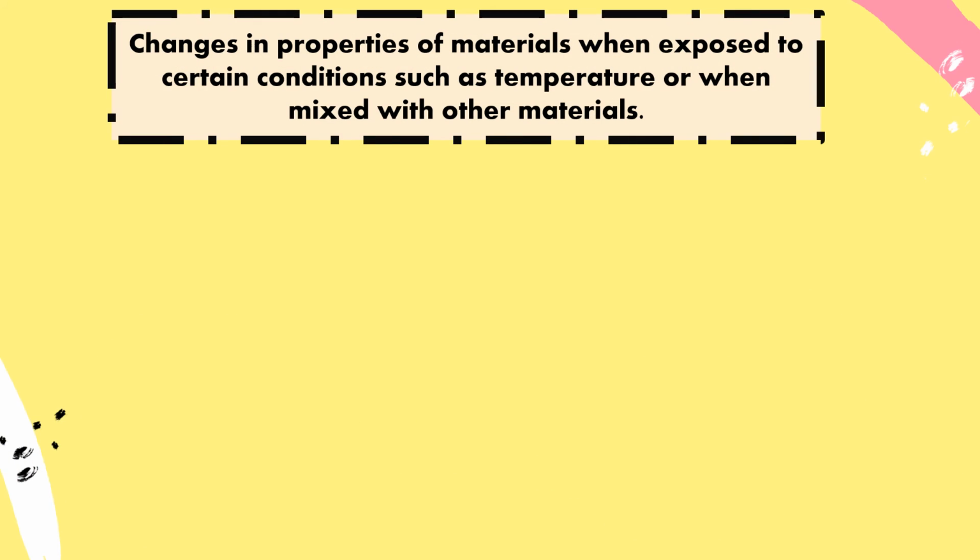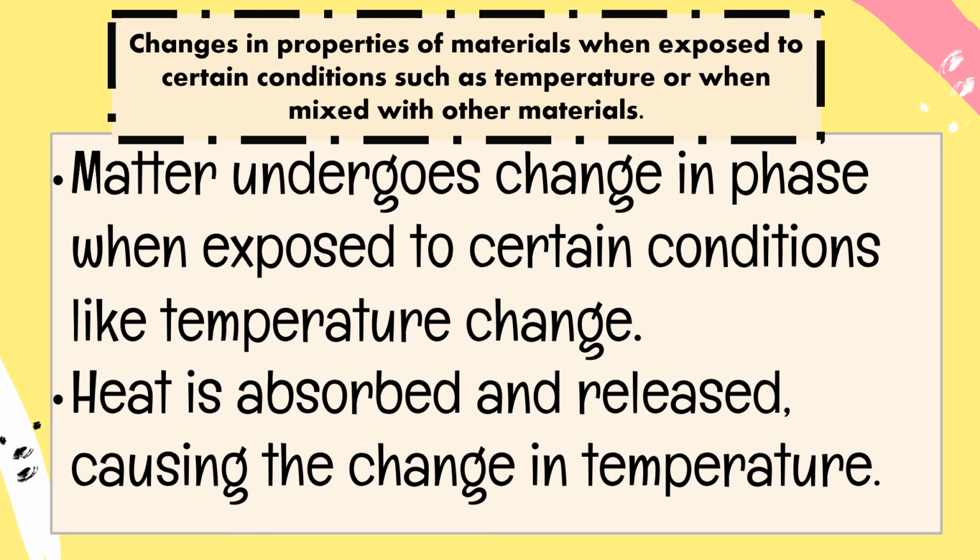When there are changes in properties of materials when exposed to certain conditions, such as temperature, or when mixed with other materials, physical change and chemical change happen. So matter undergoes change in phase when exposed to certain conditions like temperature change, the absence of heat, and the presence of heat.